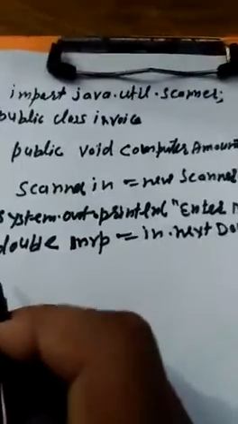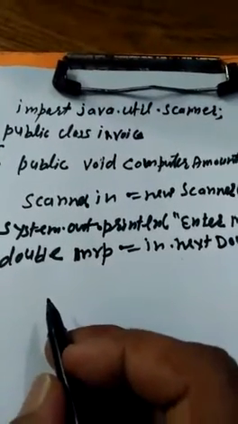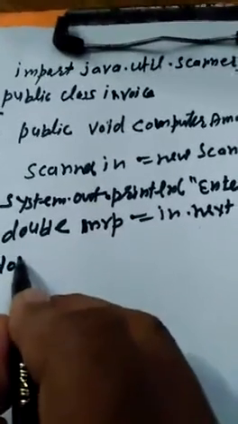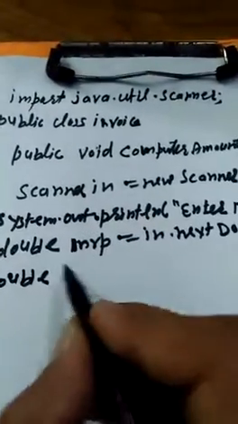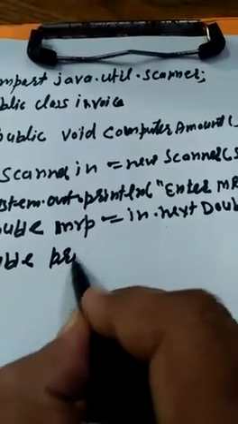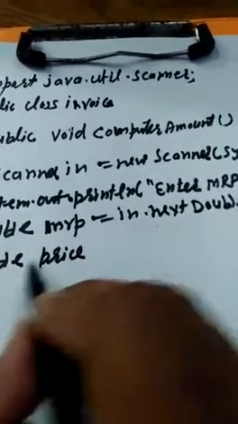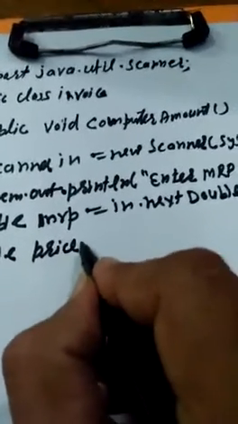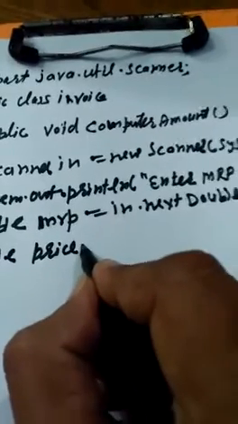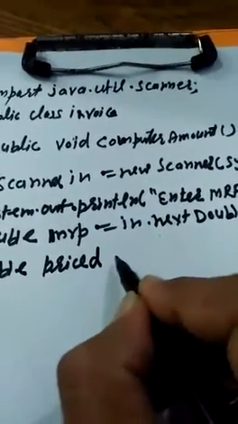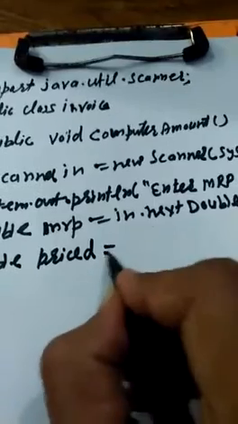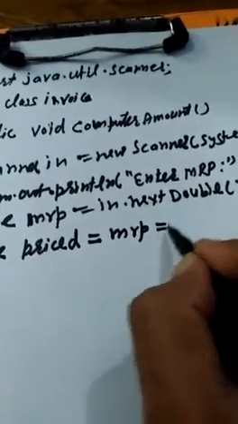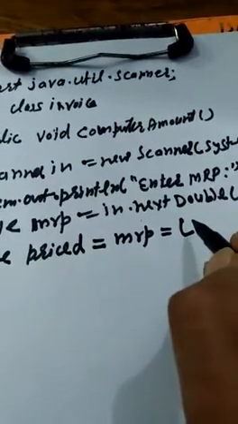Now we have to calculate the price after the discount. So the data type is double: double price, and D. I am writing D in short, meaning discount, after the discount is equal to MRP minus, now the discount is given as 10%.